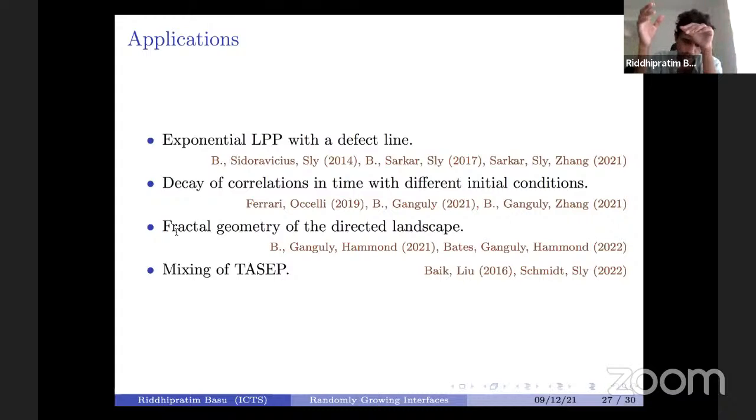There are many recent works, some of which I have been involved in, some by my co-authors, and there are other people also working in this area who have exploited this understanding of the geometry of the geodesics to give new information about the landscape which previously was not accessible just by looking at the exact formula.